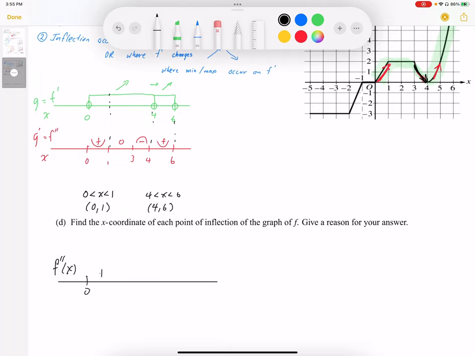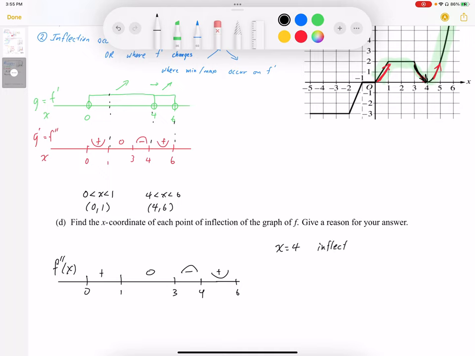We have positive, and to 1. From 1 to 3, we have 0. From 3 to 4, we have negative concavity. And from 4 to 6, we have positive concavity. So at x equals 4, we have an inflection.